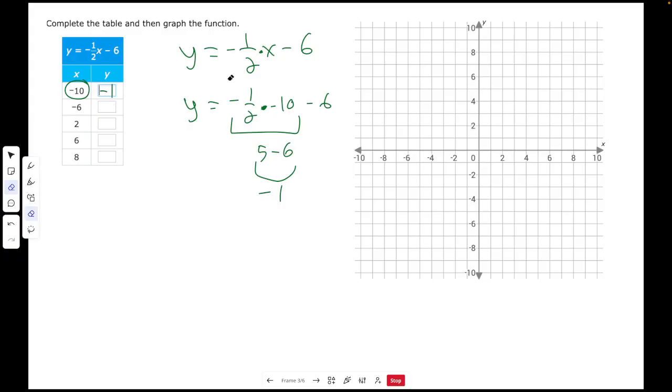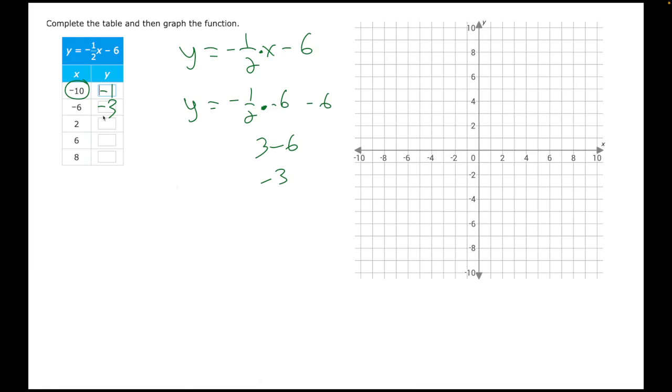Okay, and again, we repeat here. So now we take this negative 6, plug it in. Negative 1/2 times negative 6 is 3. 3 minus 6 is negative 3. Then we do the same thing with the 2.